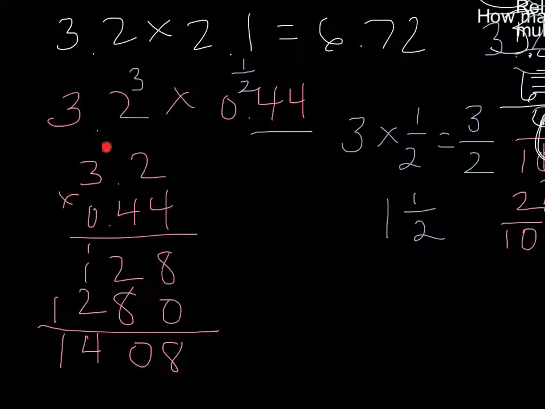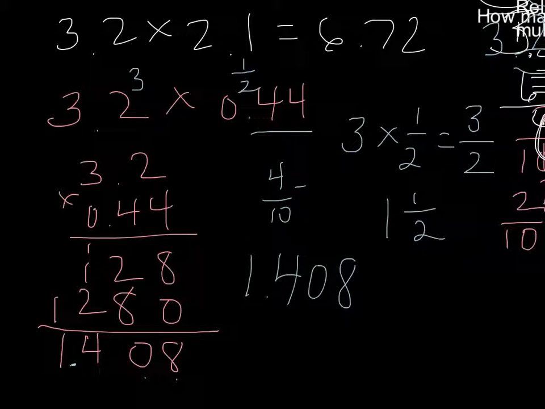So let's see. Back here, we've got 1 decimal place, 2 decimal places. That means in my product, I need 1, 2, 3 decimal places. So my answer is 1.408. Is that close to 1.5? Well, it's 1 4/10. 4/10 reduces to 2/5. 1/2, well, 1/2 would be 5/10.